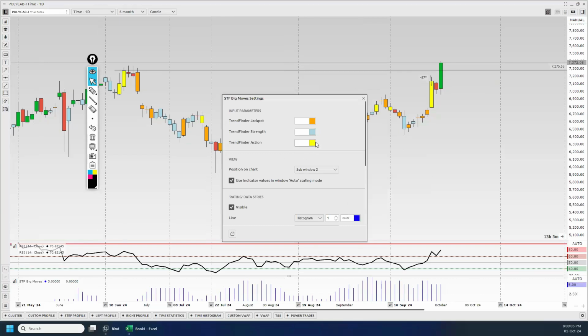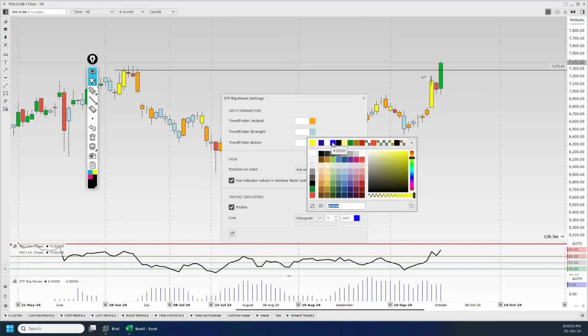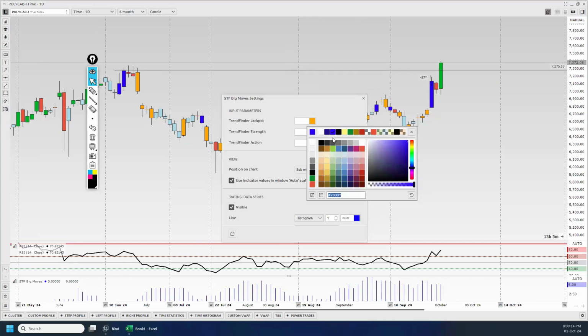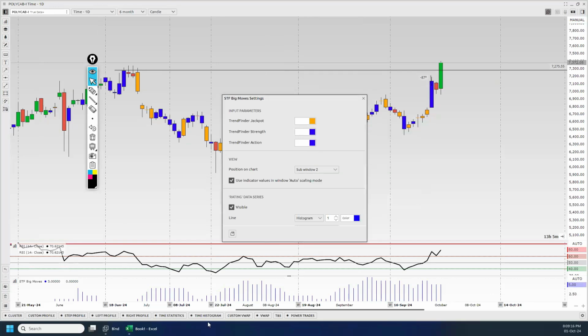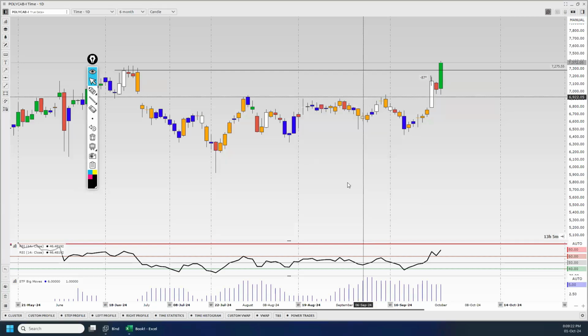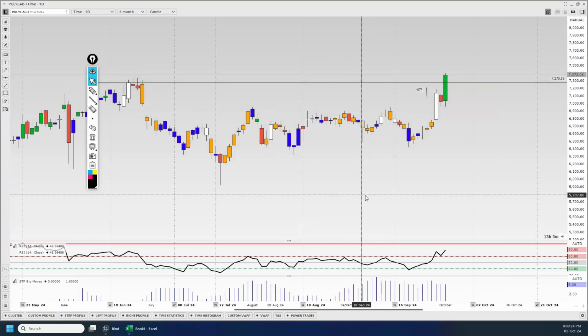Okay, now this is changing. I will press enter, and now here I will change this to white. So now these are the three color combinations I needed.